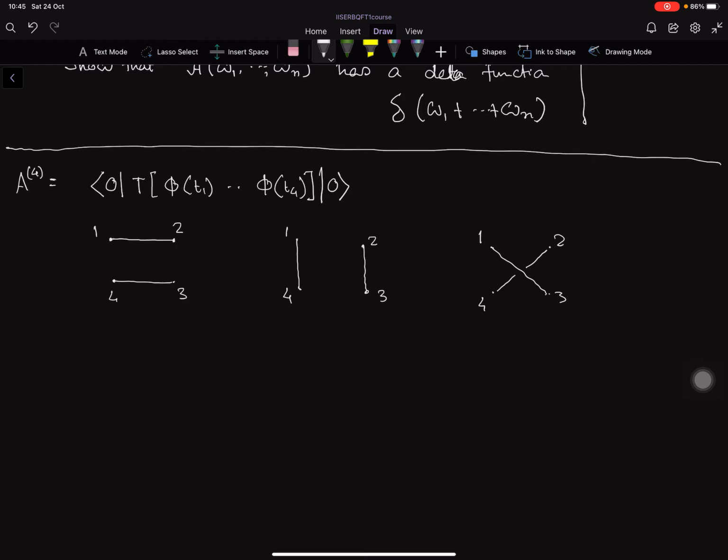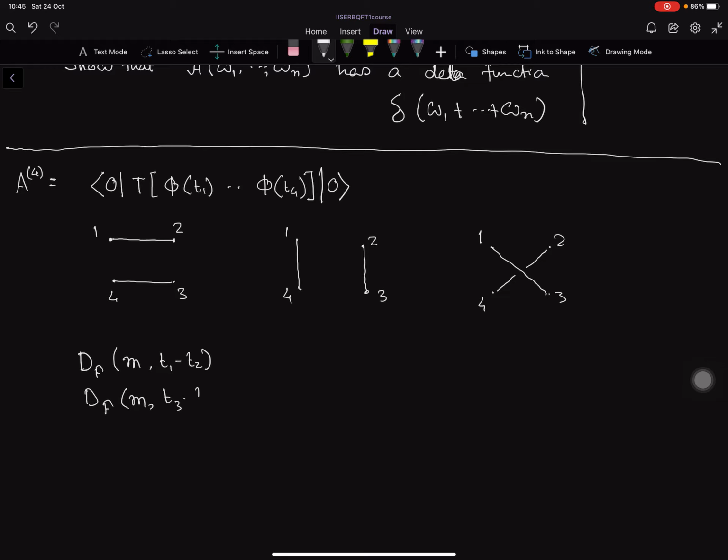Now you see these are all disconnected diagrams, so it's easy to actually do this computation. In this case we know the expression. The position space expression is simply the propagator of t1 minus t2 times the propagator of t3 minus t4.